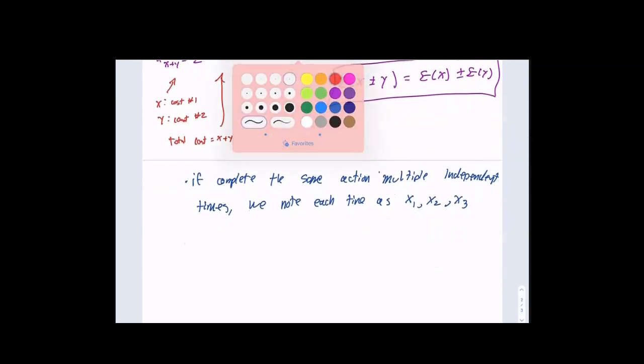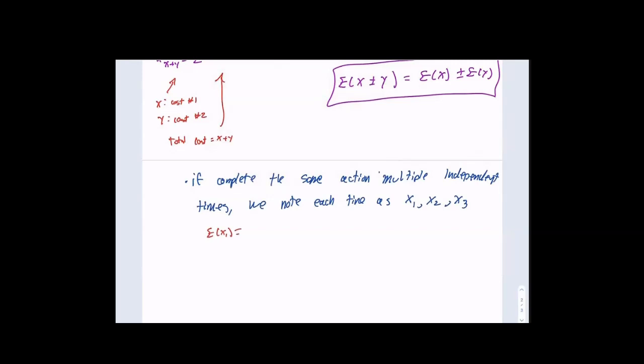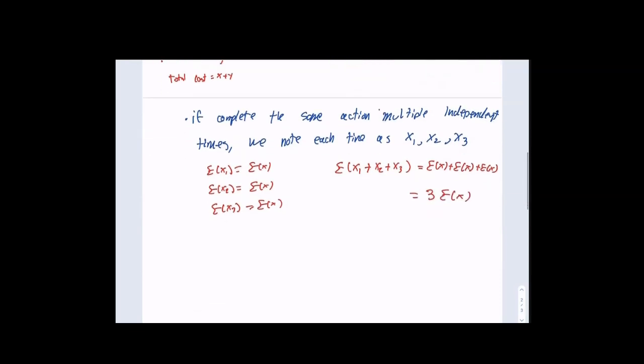Now, first and foremost, the expected value of x1 is just the expected value of x. The expected value of x2 is just the expected value of x. The expected value of x3 is the expected value of x. And what the rule says is that the expected value of x1 plus x2 plus x3 is equal to the expected value of x plus the expected value of x plus the expected value of x, which makes sense that we would get 3 times the expected value of x.